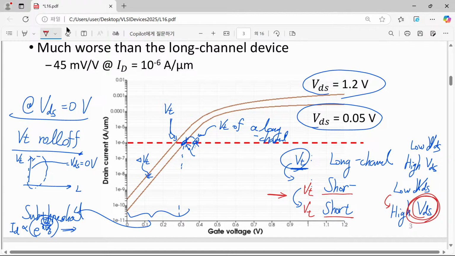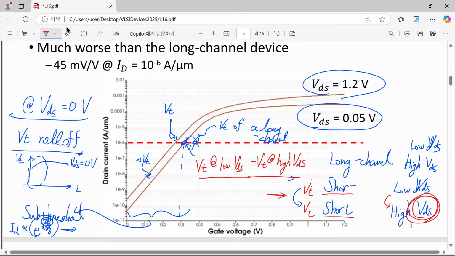So what we can do is like this. Measure the threshold voltage at low VDS condition, and also measure the same threshold voltage once again at relatively high VDS condition.